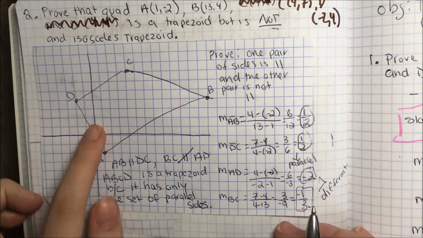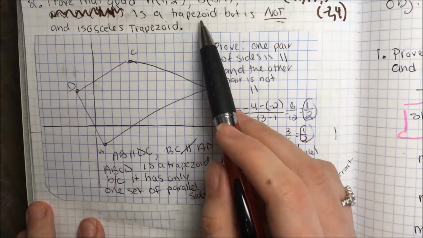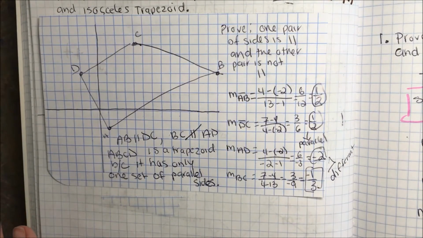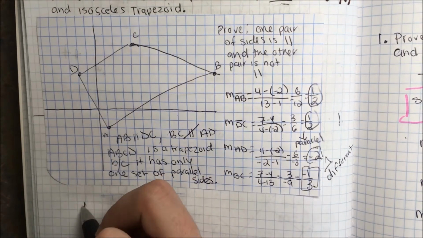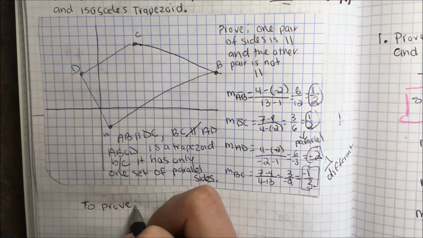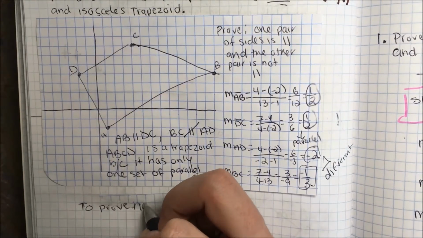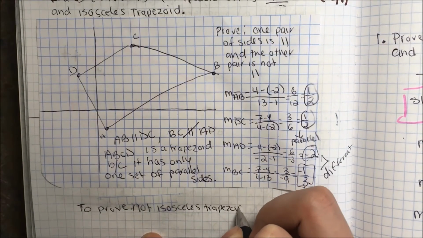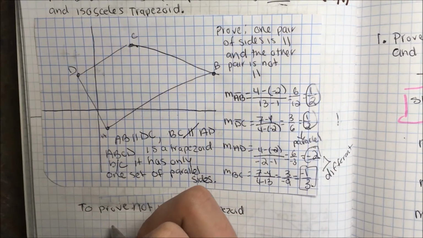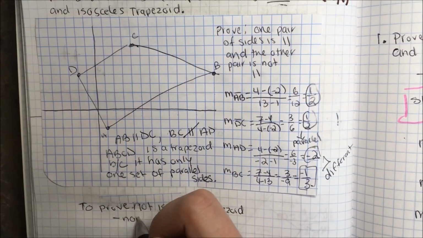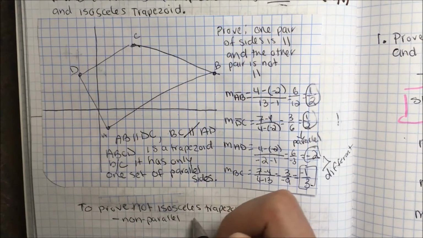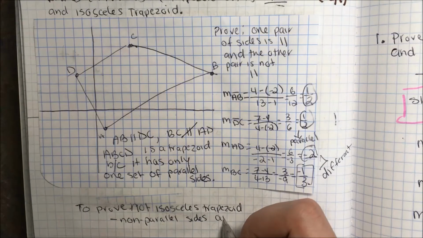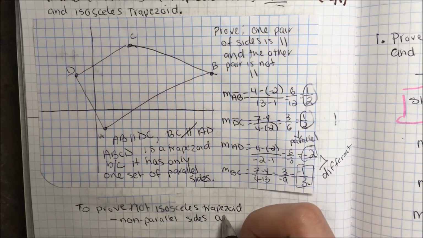So we just proved that this shape is a trapezoid, but our question is asking to prove it's a trapezoid, but that it's not an isosceles trapezoid. So to prove that it's not an isosceles trapezoid, we want to prove that the non-parallel sides are not congruent.